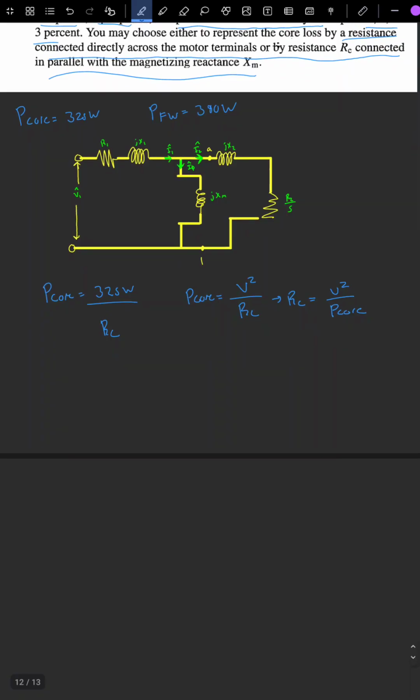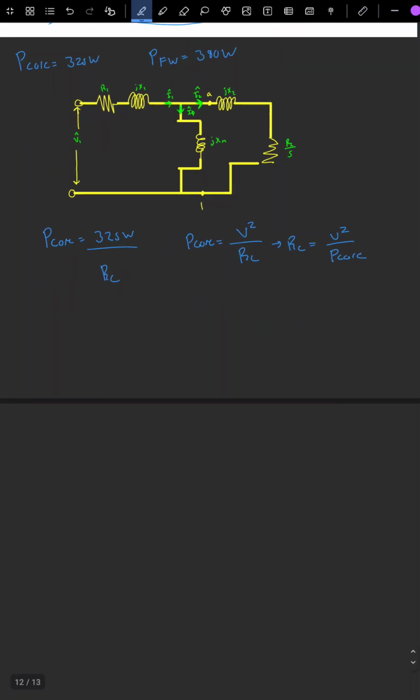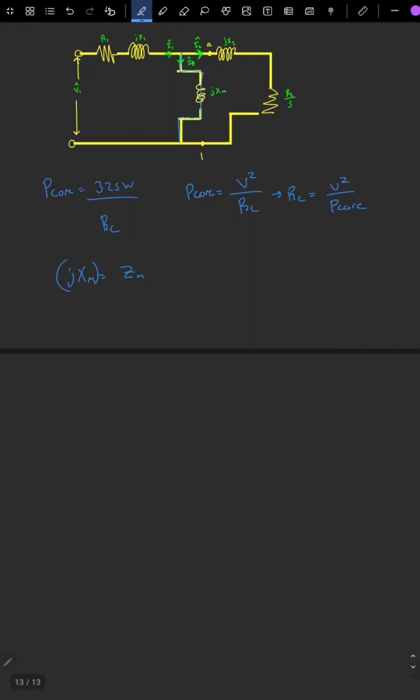The way I personally did it was I ignored RC. So that means I just had this branch, the JXM branch. So basically, JXM equaled ZM. And that was basically it.